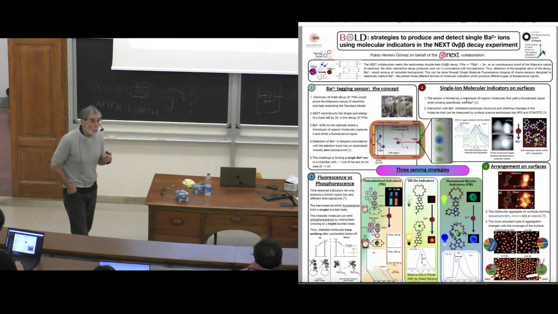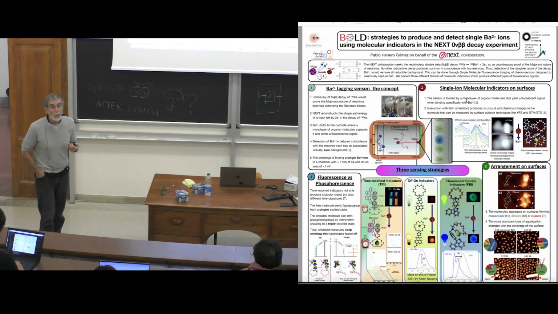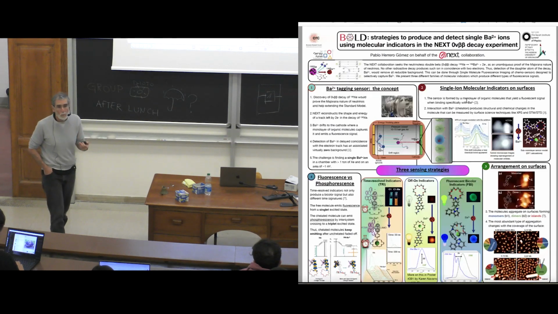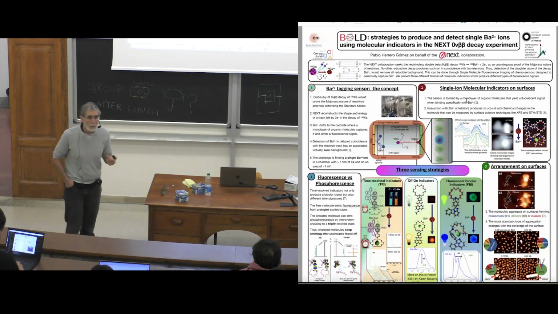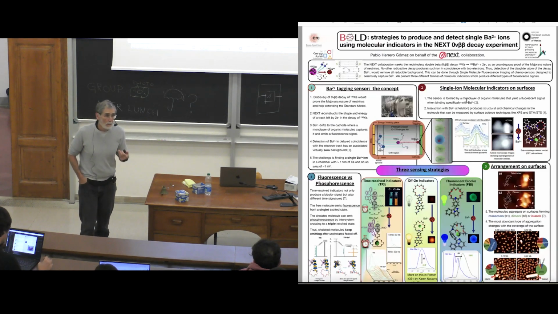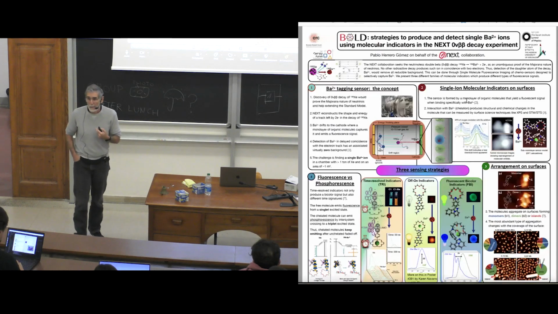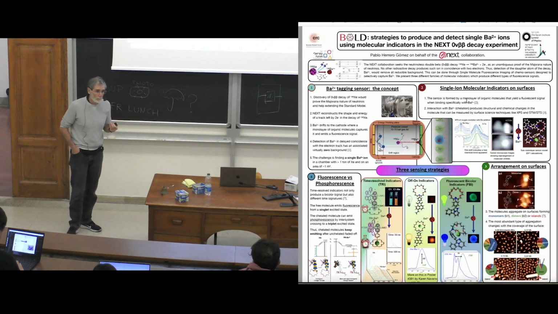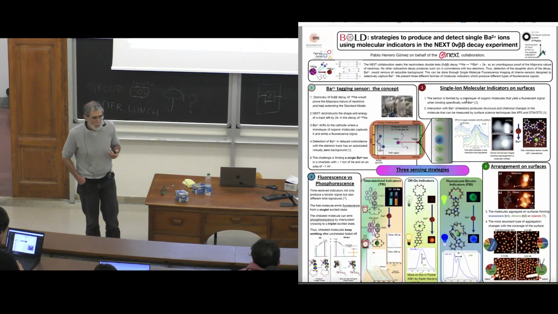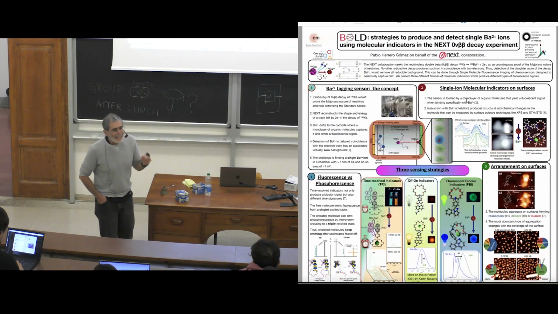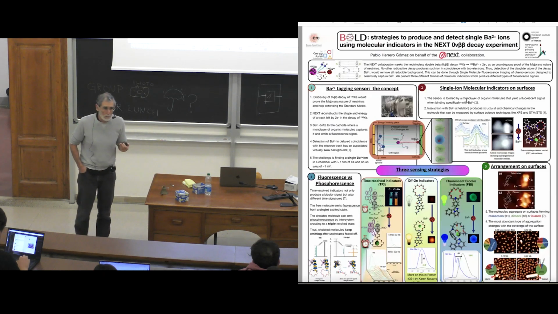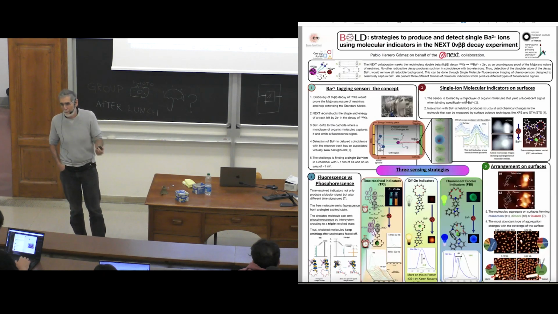And now, as you have seen, the need to reduce: 10 to the 27 years sensitivity means somehow one background event in the region of interest per year. Now this is difficult, but maybe can be done. 10 to the 28 means a fraction of an event, 0.1 event, which means in practice zero events.